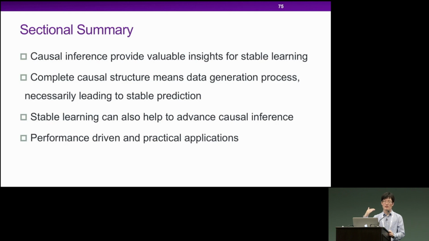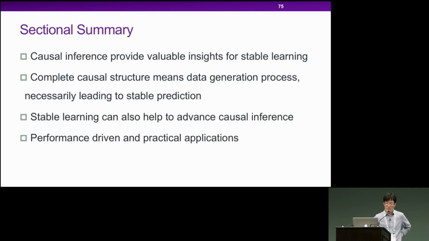The common problem is how to estimate the true model of the data generation. But the difference is that stable learning is performance-driven. We have the ground truth, we have a good benchmark, so we can advance this field very fast. So we think that these two parts complement each other.